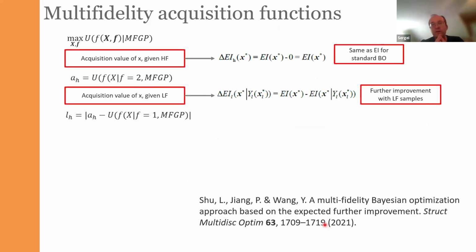Now, the very, very tricky part here is the choice of the acquisition function. So remember that the Gaussian process does only the prediction and gives you the prediction and uncertainty.